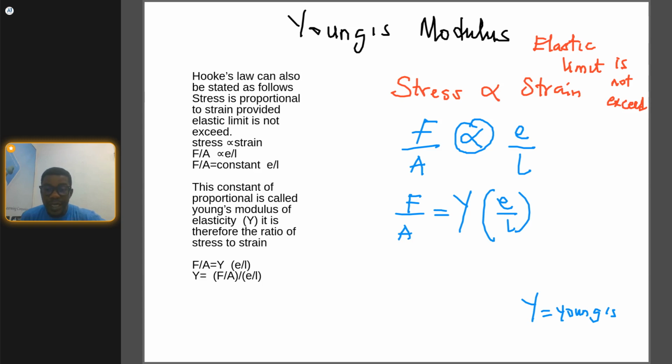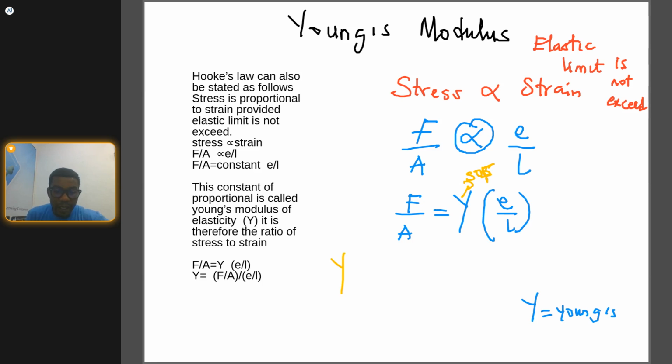Now, what is the aim? The aim is that we want to make Y, which is the Young modulus, subject of the formula. Okay, follow me carefully. We go ahead to make this subject of the formula, SOF.